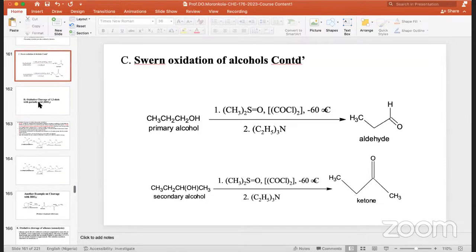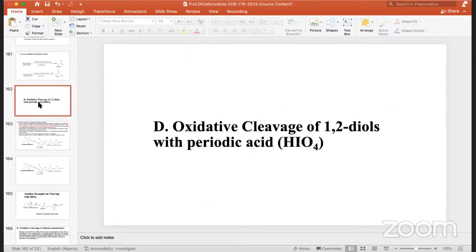That's ABC. Now the D is going to show us how a 1,2-diol can be clipped, that is, can be broken, can be used in forming our carbonyl with periodic acid. That is HIO4. That's our periodic acid.